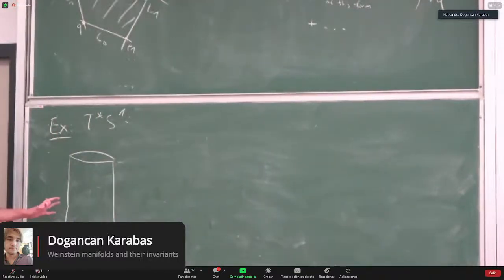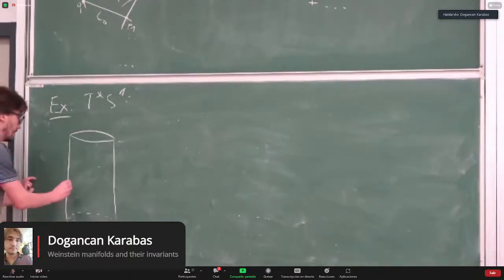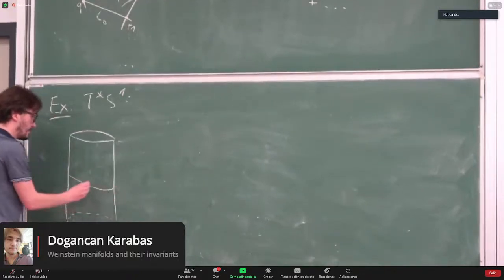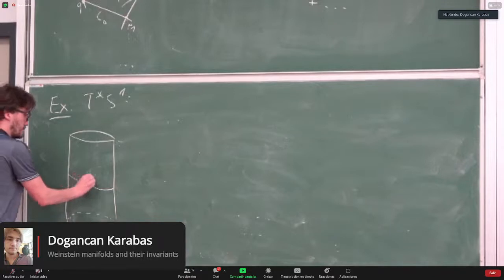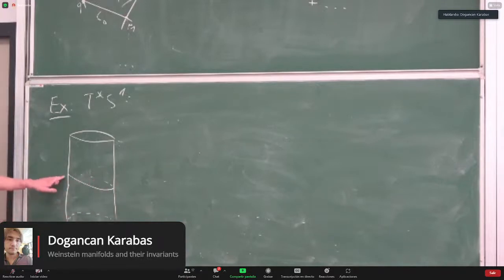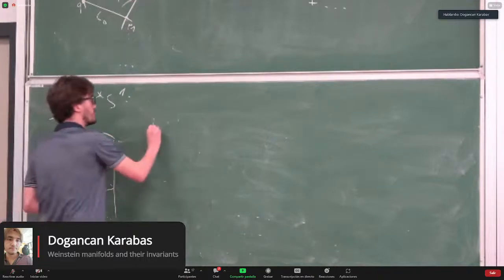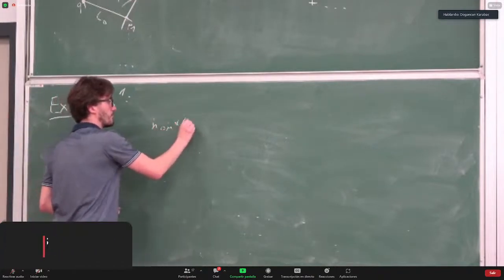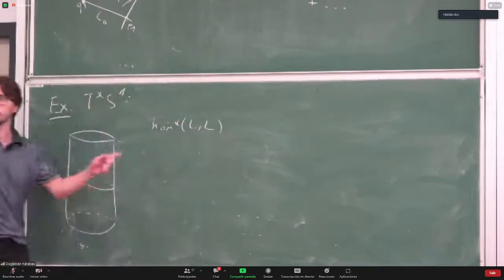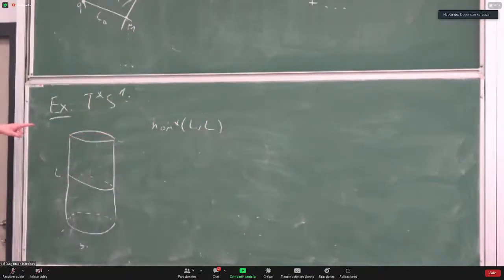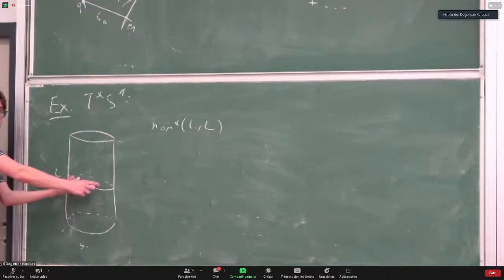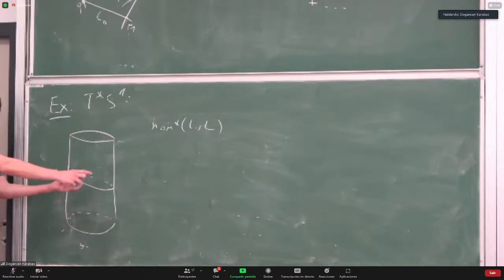So let me give you very quickly an easier example first. Let's just choose the zero section, okay? And I want to compute morphisms of L to L, okay? Of course, if you think about this, there are infinitely many intersections, so you perturb it.